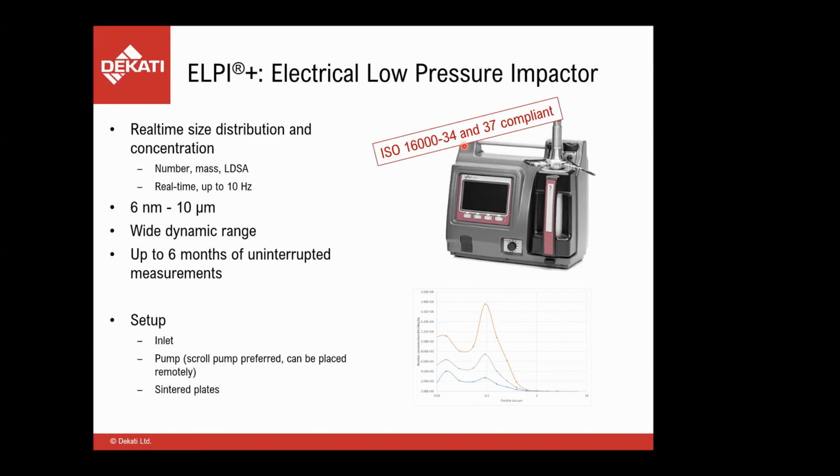It has a really wide dynamic range, so even from low background concentrations to situations where you have a high concentration source, you can measure it directly with the LP instrument.